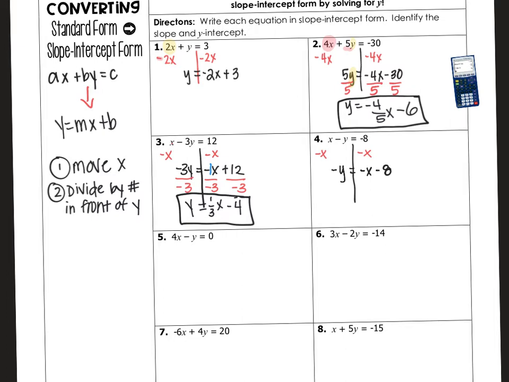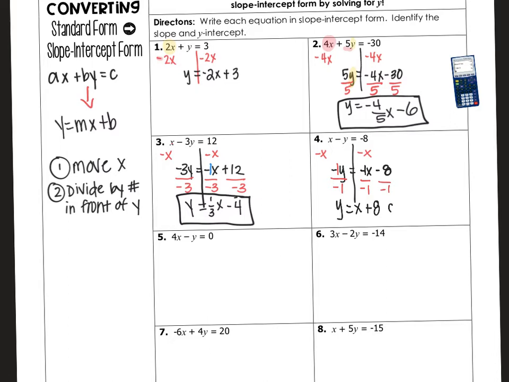There's a negative 1 in front of this y, so I'm going to divide everything by negative 1. Use your graphing calculator. I'm left with y equals negative 1 divided by negative 1 gives me positive 1x, or just x, and negative 8 divided by negative 1 gives me plus 8.